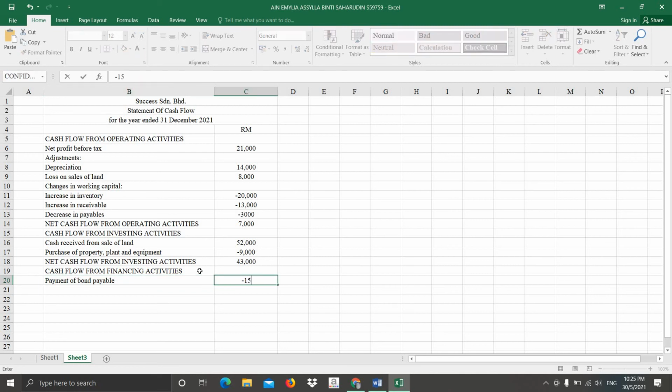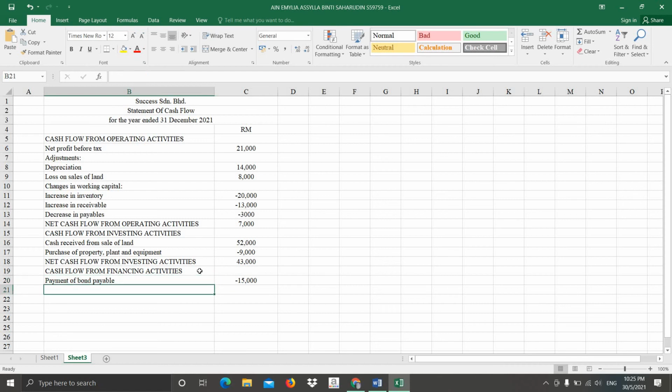We need to deduct the amount from our cash flow. Next is issuance of shares. Next is dividends paid.